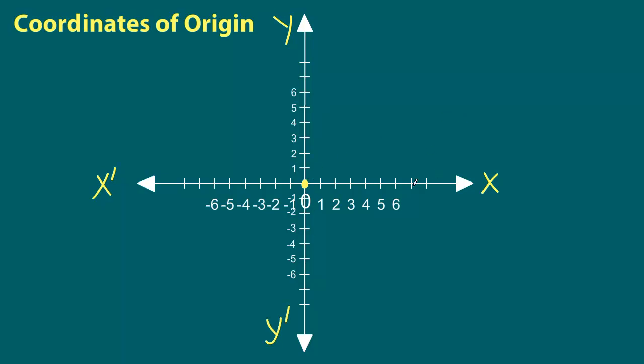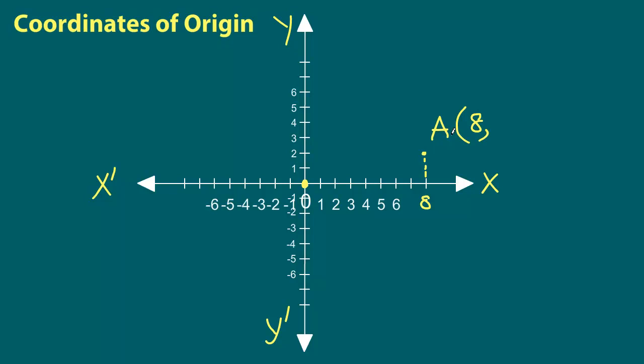Now let's say we had a point, maybe somewhere over here, let's call it point A. Its x coordinate will be how far away from origin along x axis. That looks like something like this distance. So this is 7, this is probably going to be 8. So the x coordinate will be 8.